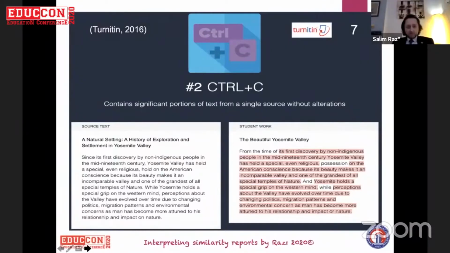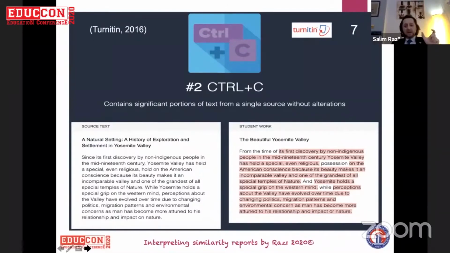In the second example, we see this time Control-C type of copying and pasting. However, what makes it different from the previous example is, as you see, there are very few words in the student work which are not matched with the original text. What does it mean? As you see, a huge amount of the work is matched with the original text.